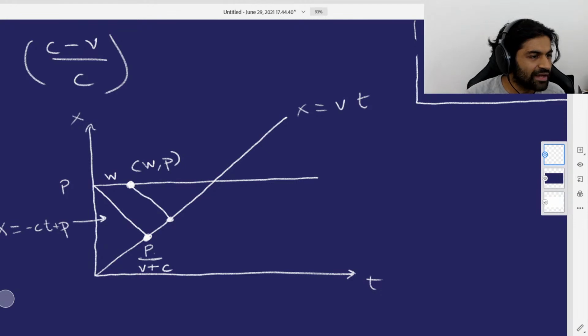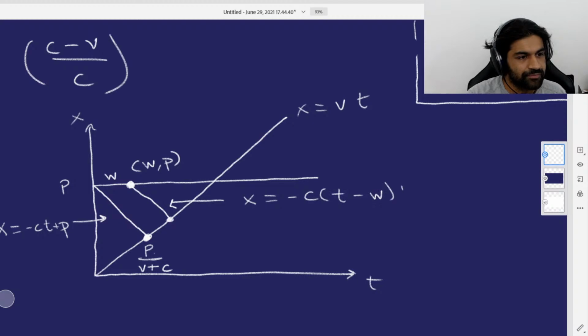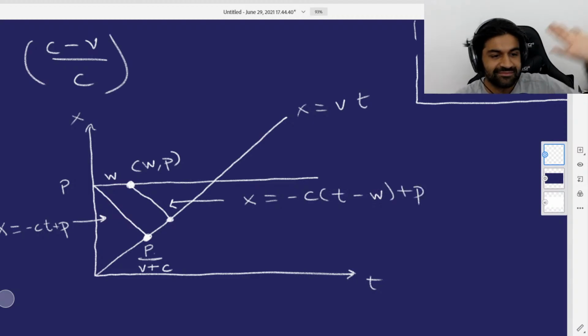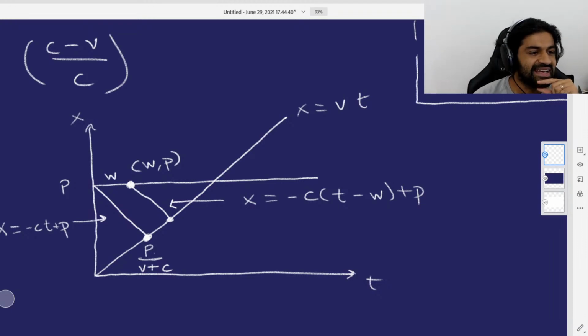And what is the equation of this line going to be? Again, this line has a slope of negative c. So this is going to be x equals negative ct minus w plus p. Again, slope-intercept form.